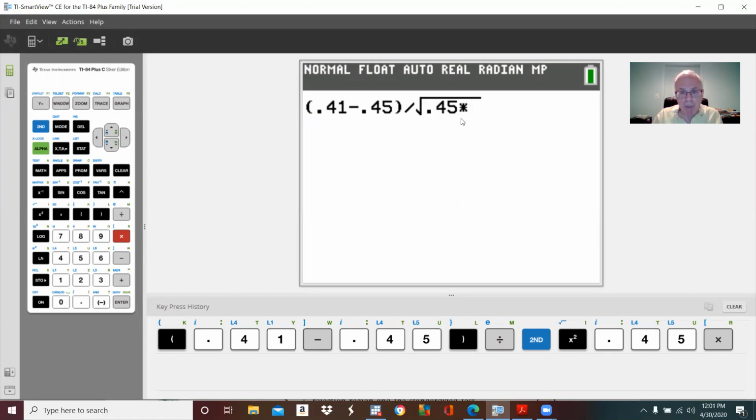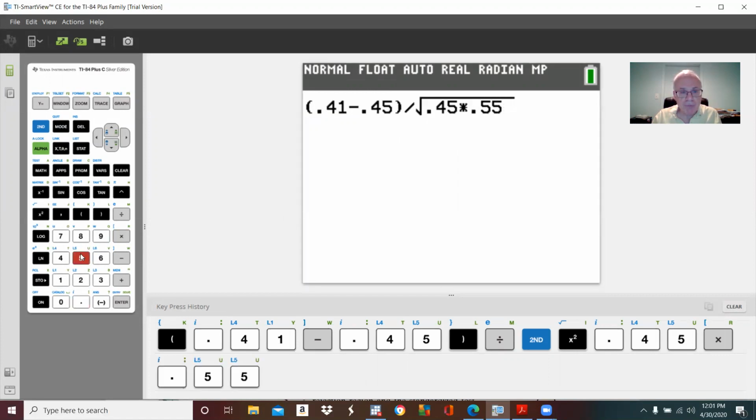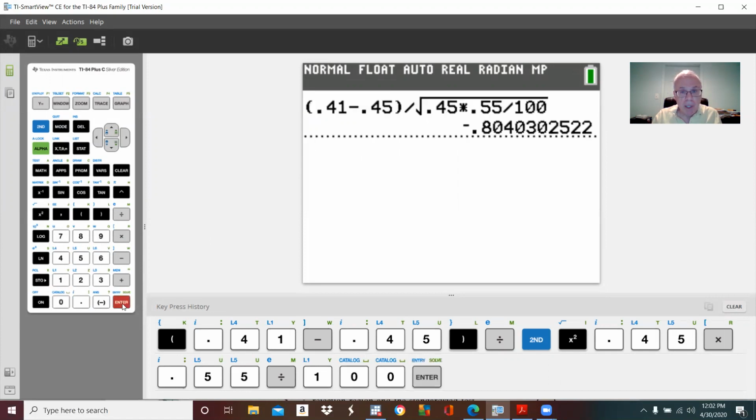You can put parentheses here and put 1 minus 0.45, but I happen to know that's 0.55. Divide by the sample size, which is 100, and hit enter. And there is the test statistic, z, negative 0.804.